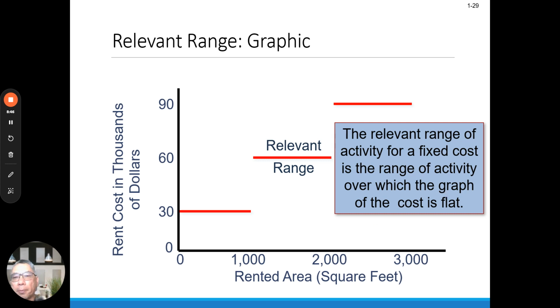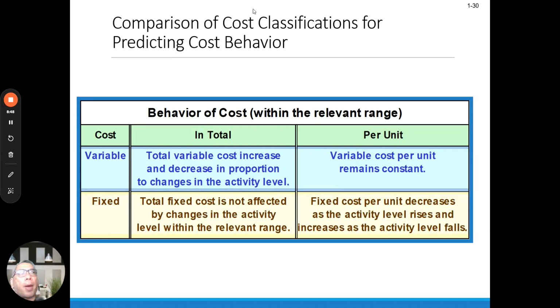Now, comparison of cost behavior for variable and fixed costs, in total and per unit. In total, variable cost increases and decreases in proportion to changes in the activity level. In total, fixed cost is not affected by changes in the activity level within the relevant range.